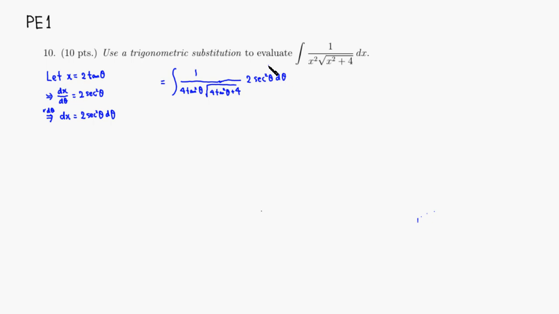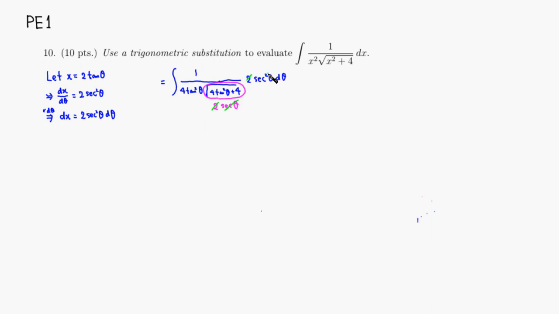Alright, let's simplify. Let's look at this square root expression. Square root of 4, so pull that out. That's 2. You have a tangent squared plus 1 once 4 is factored out. That's secant squared with the square root, so it's just secant of theta. So we can cancel the 2 on top and the 2 on the bottom, and one of the secants cancels.